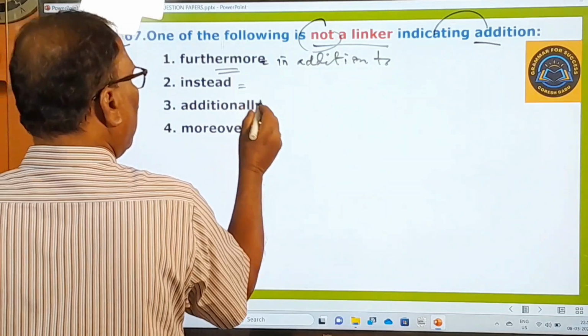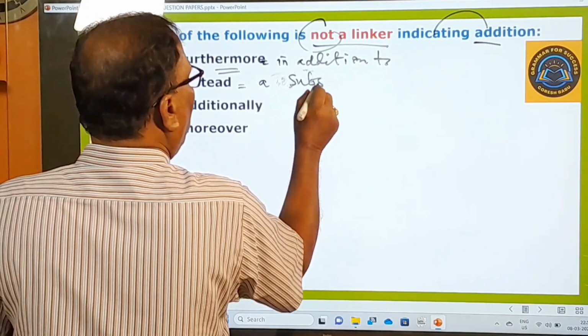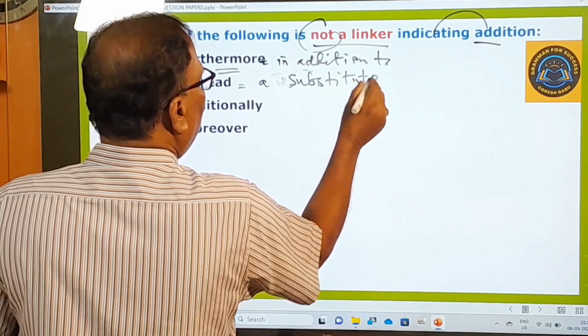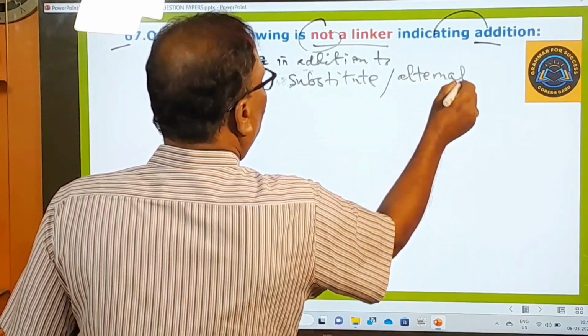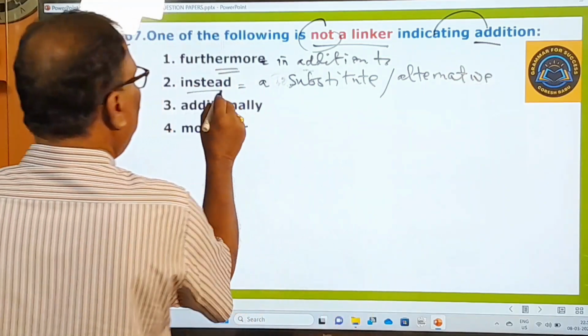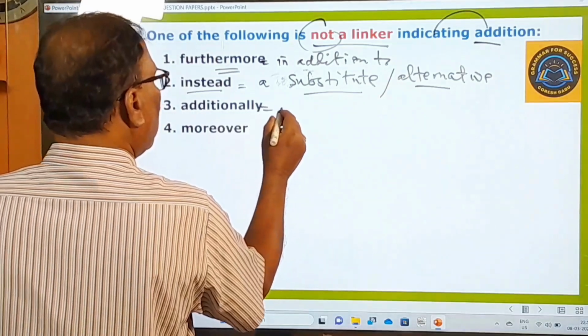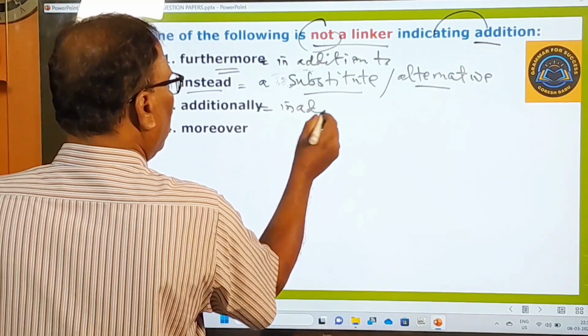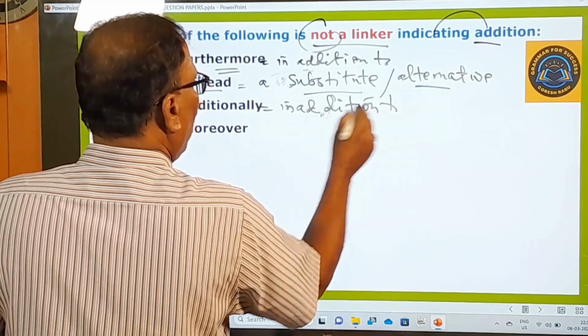Okay, instead means a substitute or alternative. So instead means a substitute, alternative, right? Additionally means in addition to, again, in addition to, right?